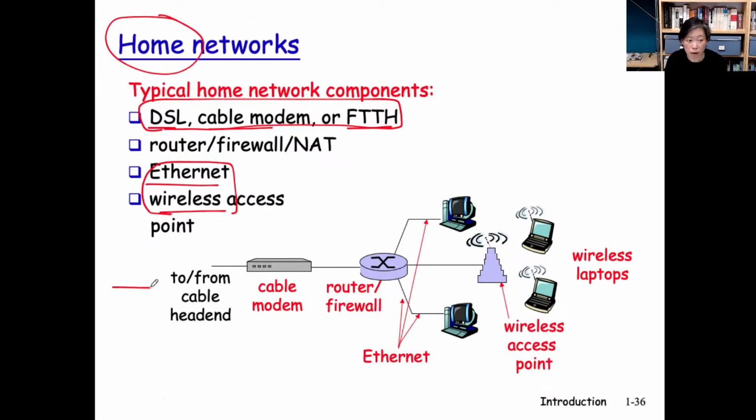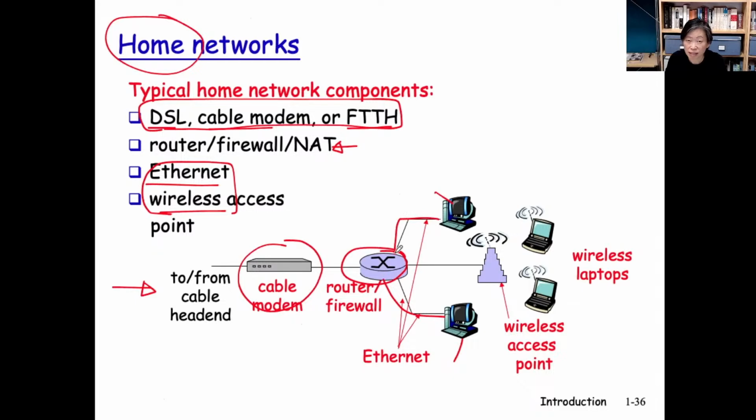In this example I'm showing, this is a very typical home setting. The cable modem here is to access the internet for the household entirely. But after the cable modem, we have what? An Ethernet switch here, which is also called a router, which also runs the firewall functionality. This would allow, for example, these PCs to connect through Ethernet cable to it.